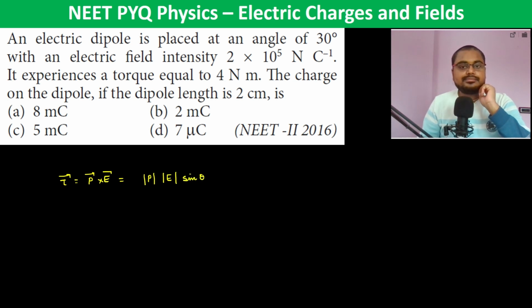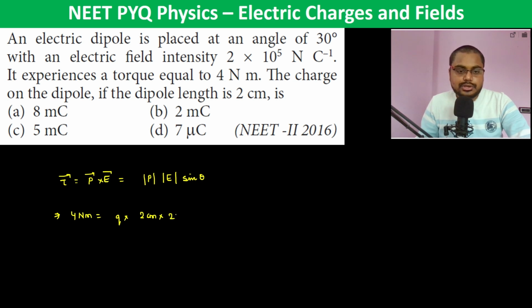Now let us put the values. 4 Newton meter is equal to P, and P is Q into the dipole length, so Q into 2 centimeter. Electric field is 2 into 10 to the power 5 Newton per coulomb. The angle is 30 degrees, so sine 30 is 1 by 2.